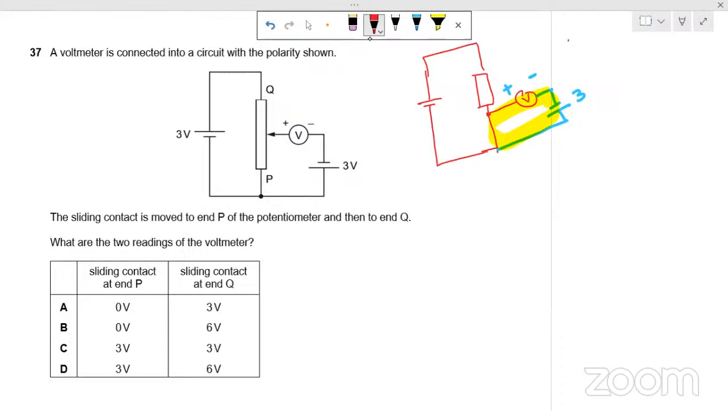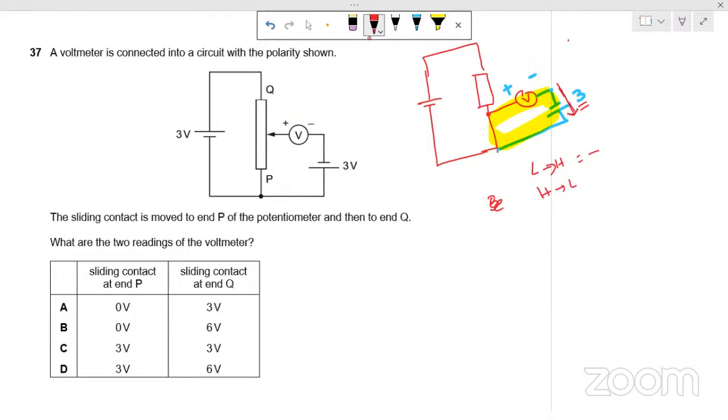The sum of EMF in this closed loop, you can see there is only an EMF of 3 volt. Sum of EMF is 3. If I start from this point and I move in this way, then I put a sign convention: low to high, I give negative sign, high to low, positive.